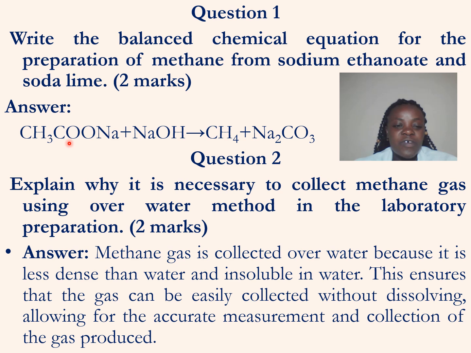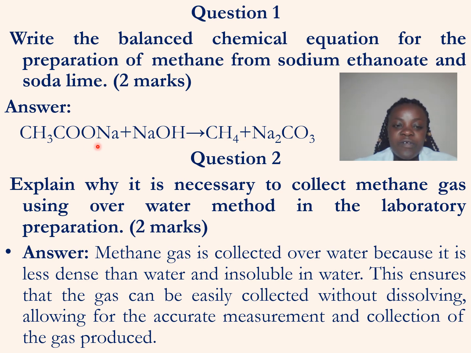So if it is an ethanoate, the alkyl part is only 1 carbon atom. So the other part is just adding a COO and an Na for the sodium. So sodium ethanoate.